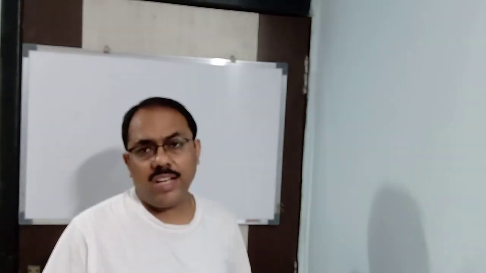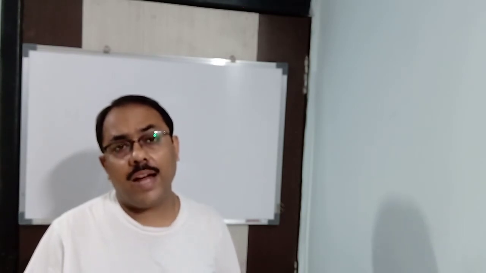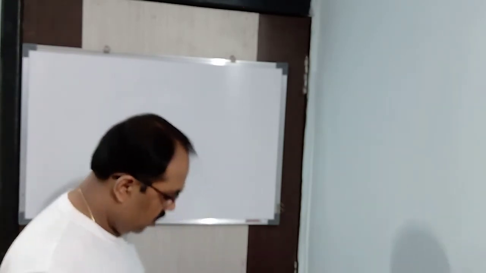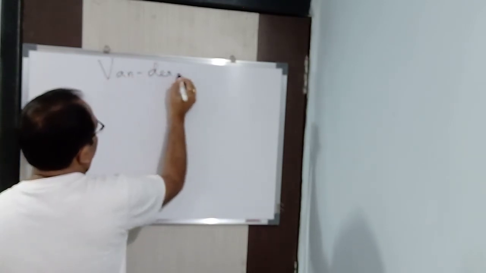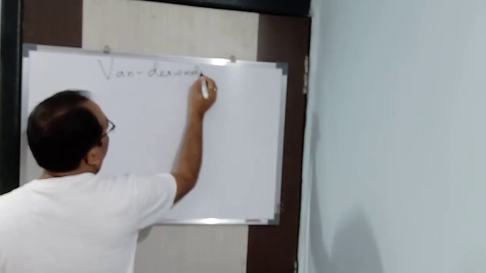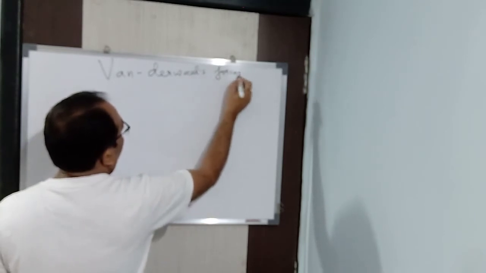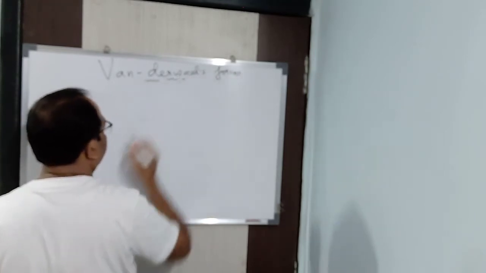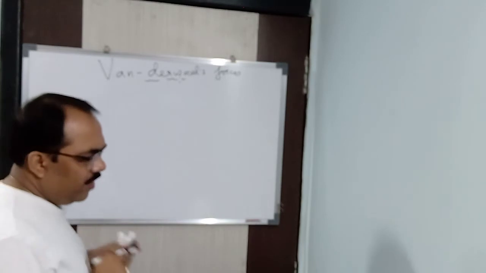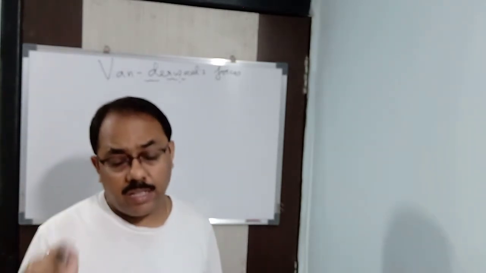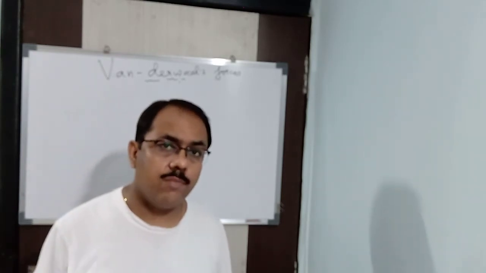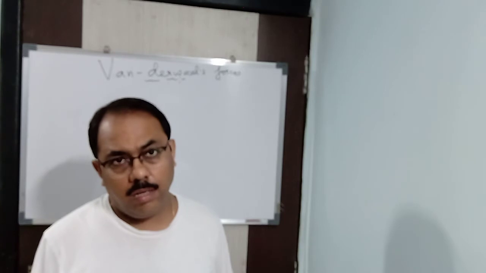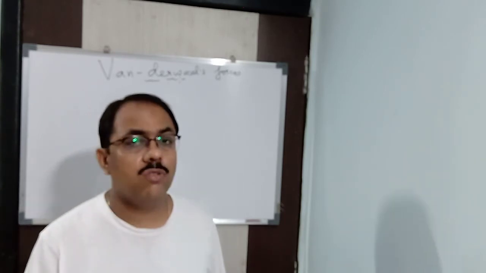Fine. Now next we are going to come to the van der Waals forces. Now, what is van der Waals forces? Van der Waals forces is nothing but a weak electrostatic attractive force existing between all kinds of atoms, molecules and ions when they are brought sufficiently closer to each other.